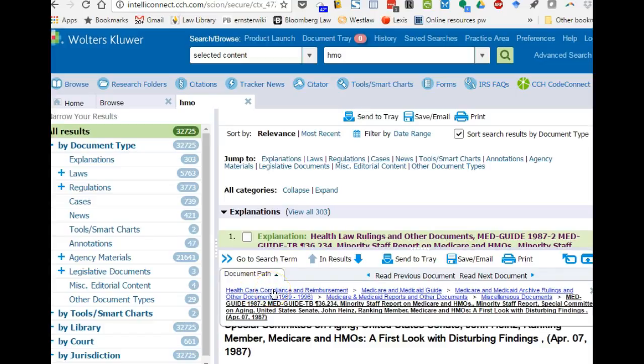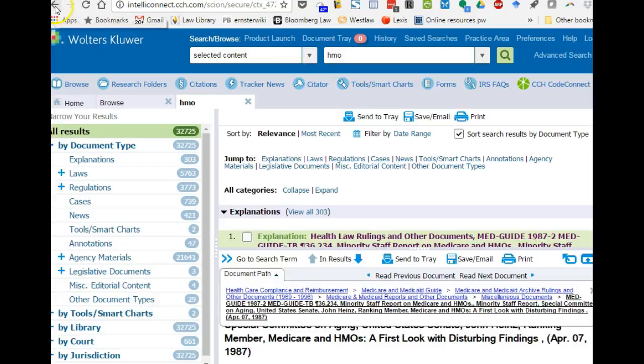And I know you probably can't read that small print, especially in the back, but that again gives you the context of where we are. So we're in the Medicare and Medicaid guide, and we're in archive rulings. So I would see that and I would say, no, it doesn't apply to us, and I would see what else. Or I might try to limit otherwise.